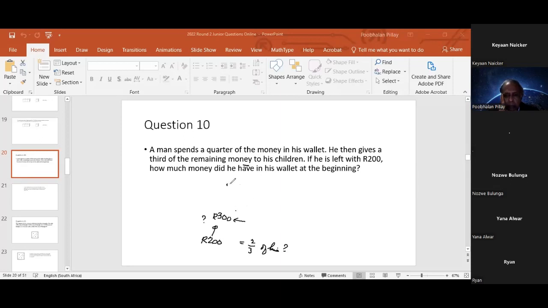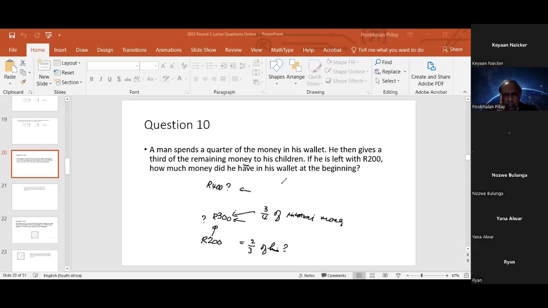He had something in his wallet, and he spent a quarter of that, so he was left with only 3/4 of the initial money. If 300 represents 3/4 of the initial money, then even mentally, you would have to have 400. A quarter of 400 is 100. You take it away, you get 300.